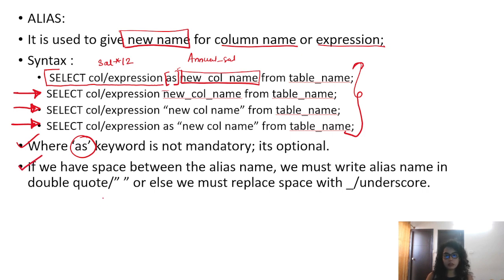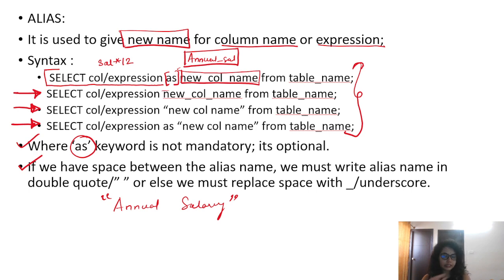The third thing you have to keep in mind is that right now I have written my annual salary as annual underscore salary. Now I want my annual salary with a space, like this. At that time, you always have to mention double quotes here, or else it will throw an error. So, the as keyword is not important, and whenever you want to add a space in your alias name, always mention that name in double quotes.